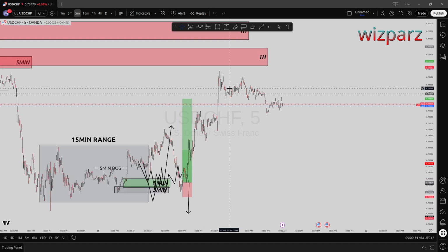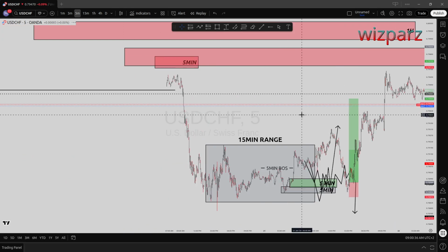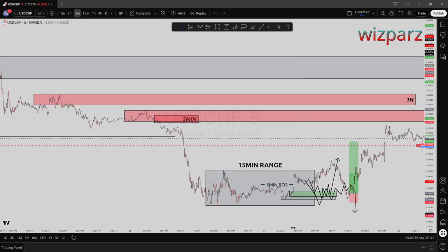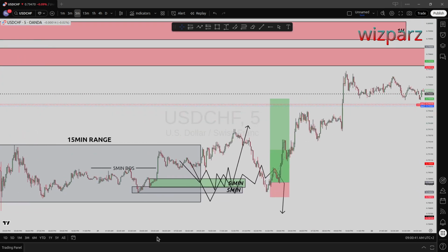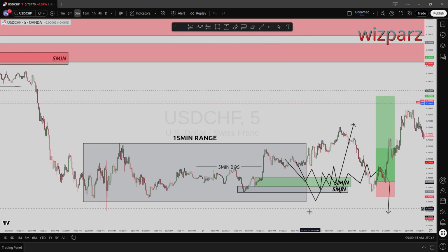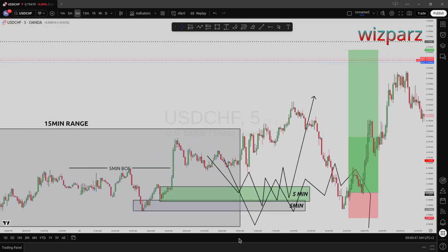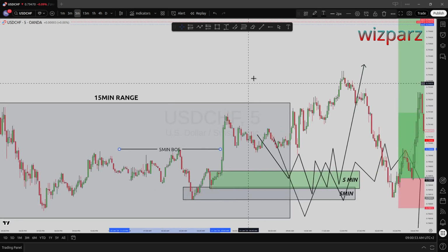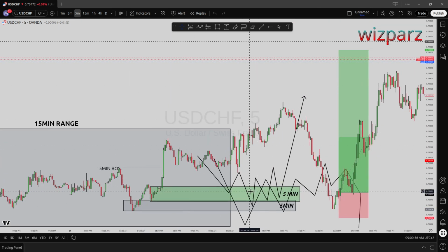USDCHF. Yesterday I mentioned that we could see potential price push up higher, as is still the drawing shown here. I said that the price can break this structure, then wait for price to come back to one of these main areas.